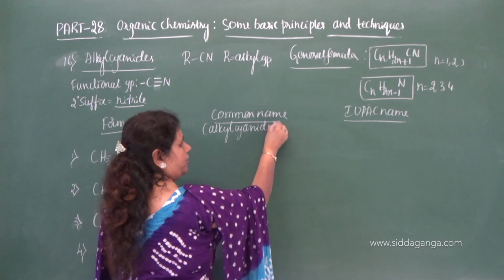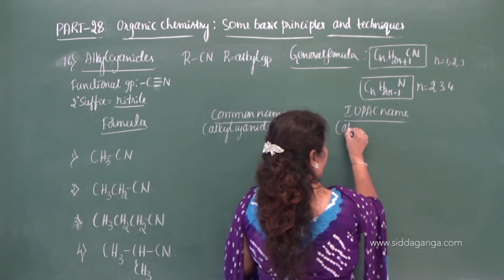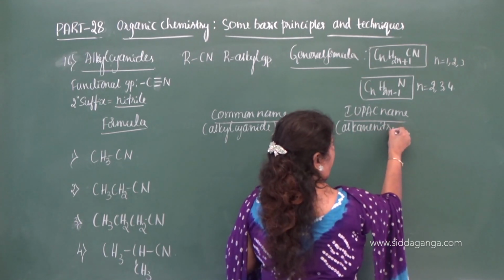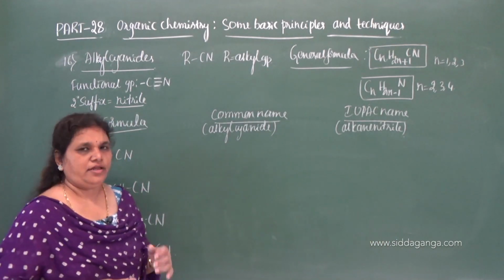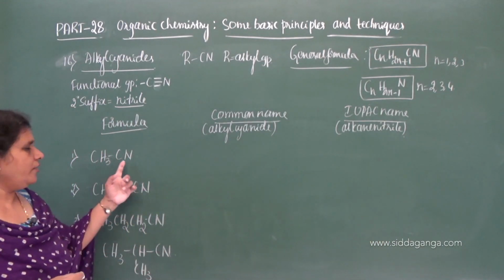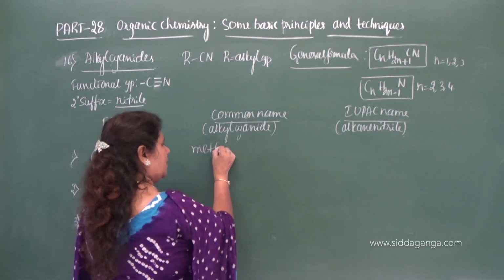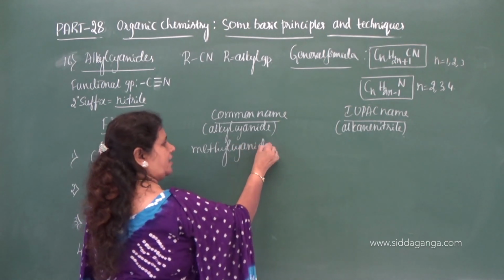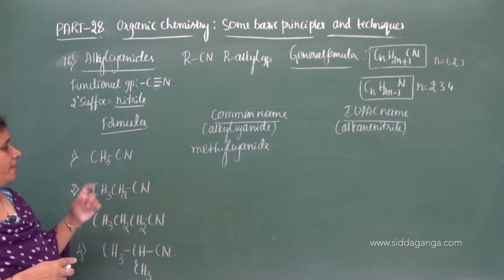Name of the alkyl group followed by the word cyanide, and here you have to give alkane nitrile. Accordingly you have to write the name here. Methyl group is attached to cyanide and hence the name is methyl cyanide.